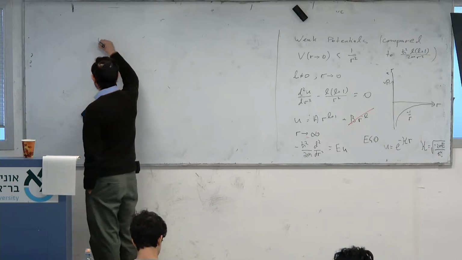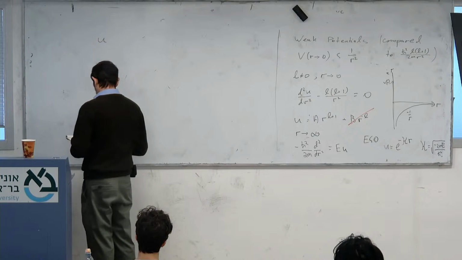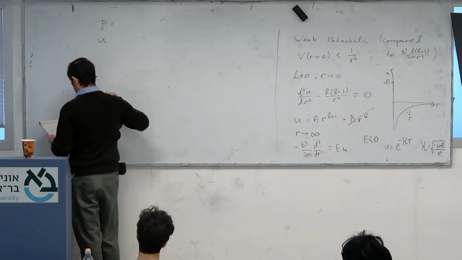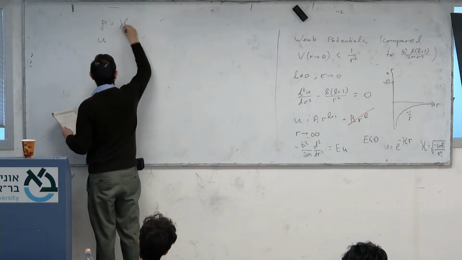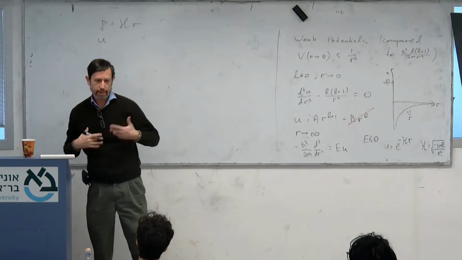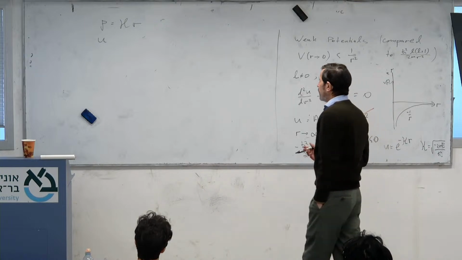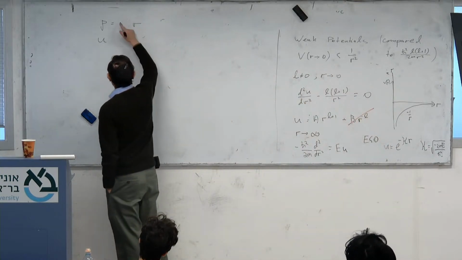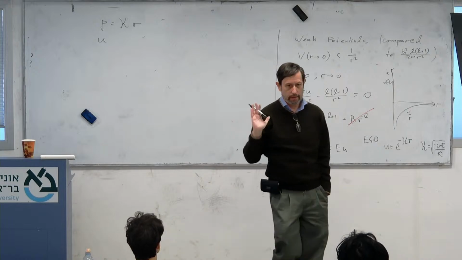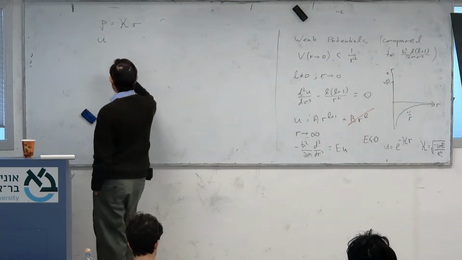Okay, so first of all, just to make life a bit easier, instead of writing R, I'm writing a unitless variable. It's not H, it's K. Rho is kappa times R, just to avoid units. Okay, and U of rho.